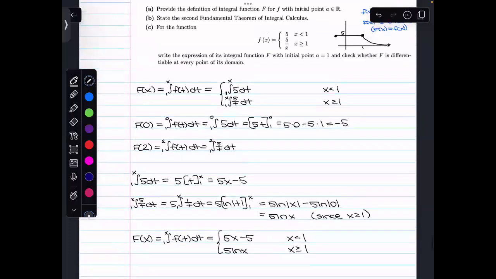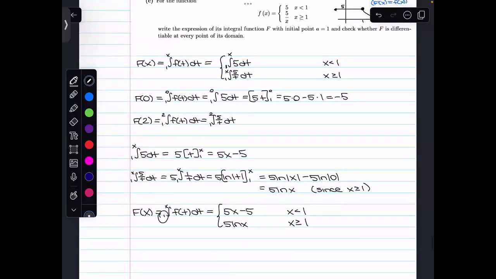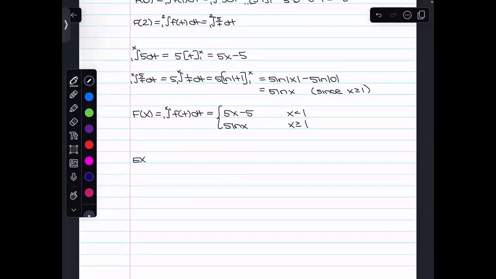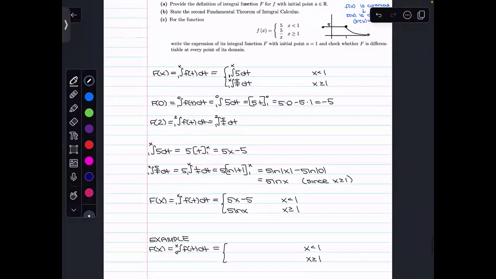And just to see the setup, in case this number had been different, I'm just going to change it to 0, for example. You start out the same way, so you just copy the two inequalities, and then again, you just test an example. So if you test, for example, something less than 1, I'm not going to pick 0 because 0 is a starting point, so then it's not really clear.